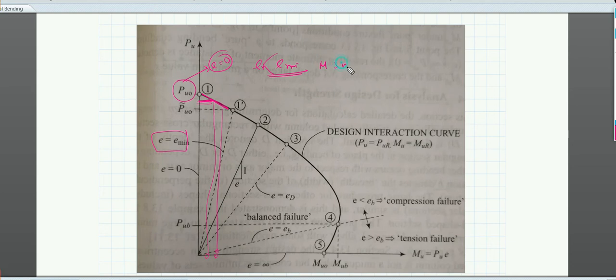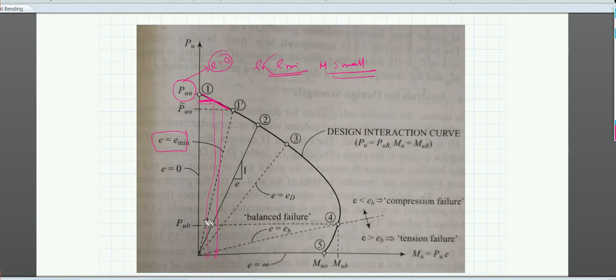So within this region we do not design for moment. But after this, if you go on increasing the value, you have to consider the moments.